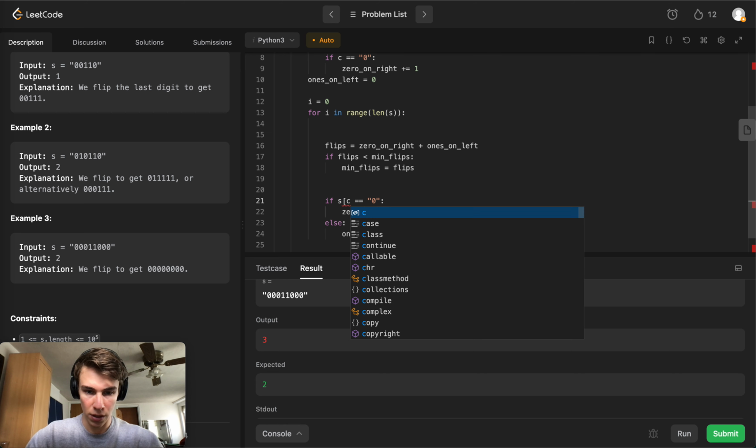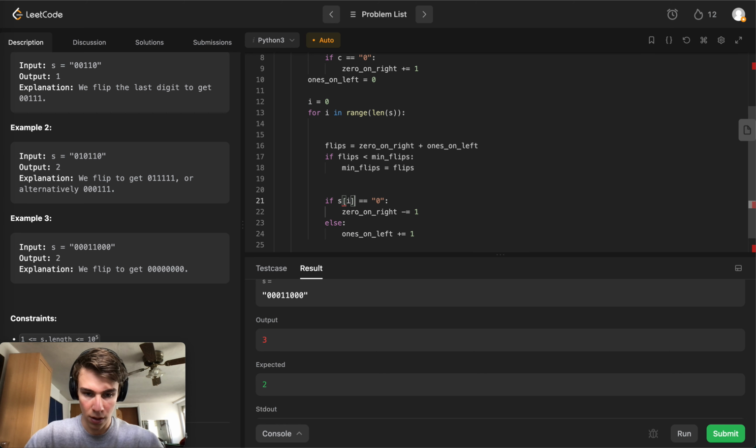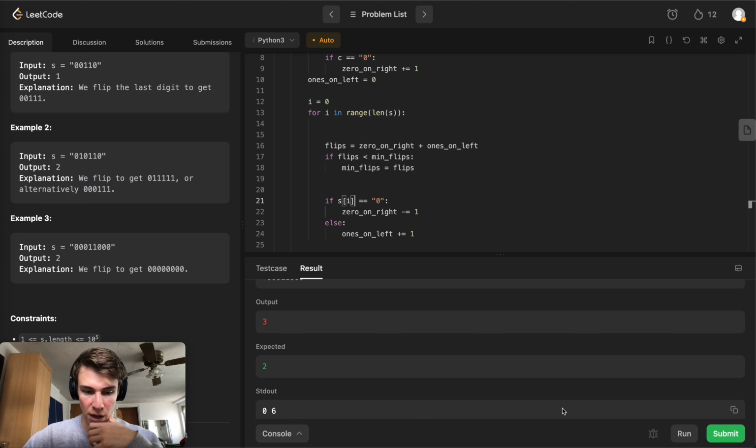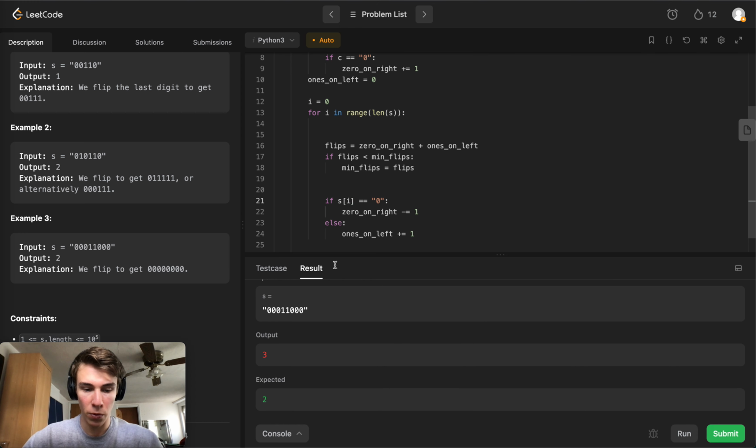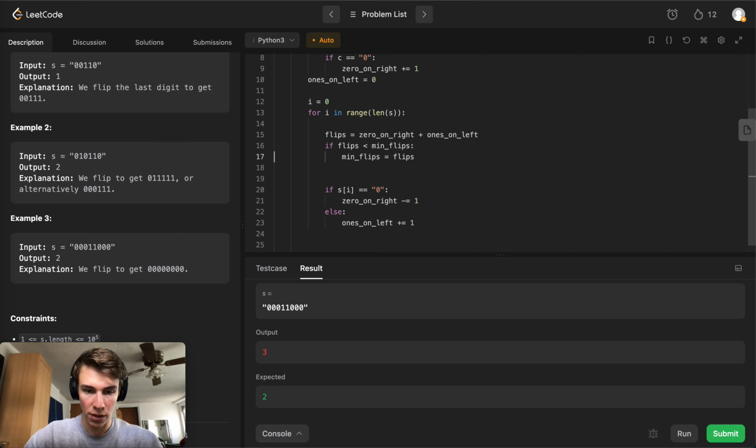character ci, and then additionally we should be getting the same output. We should be getting the same output 3, but we actually have to go a step further. Let's see, let's do it this way.